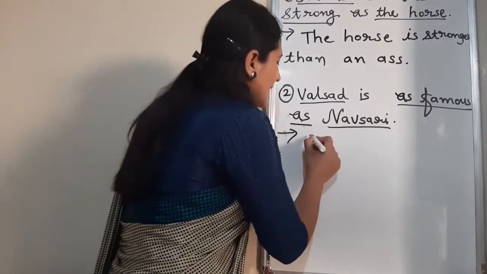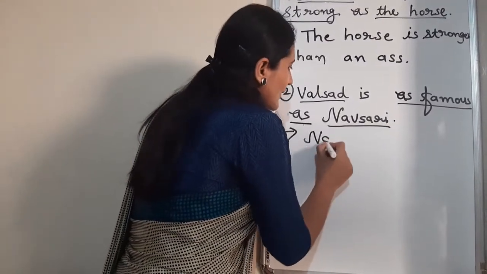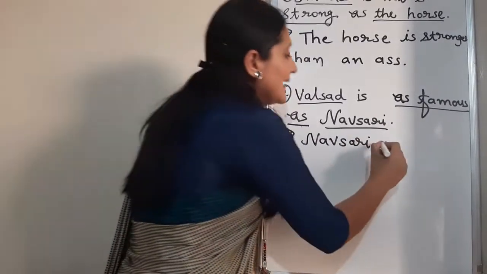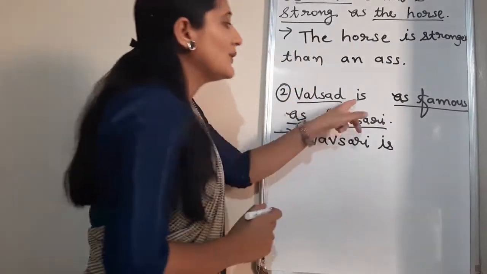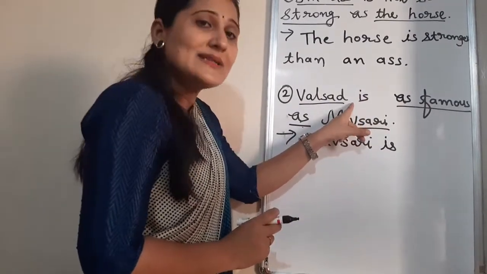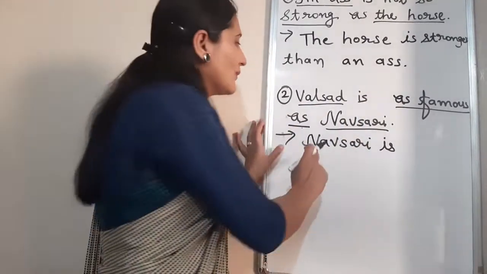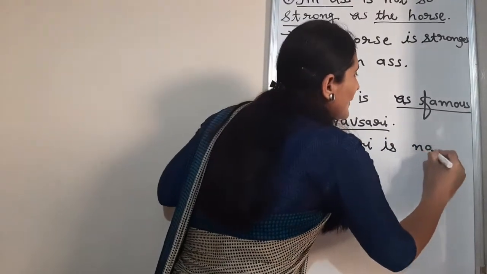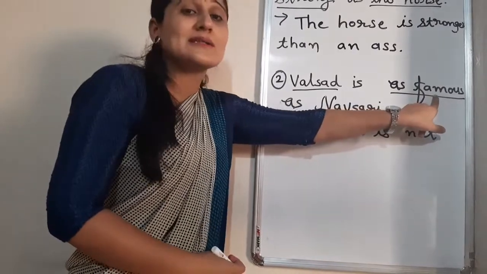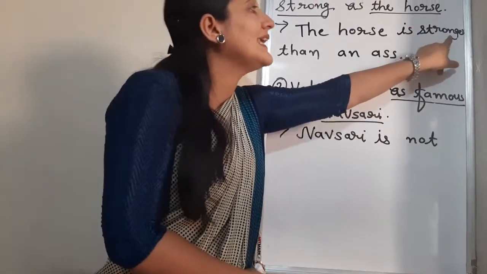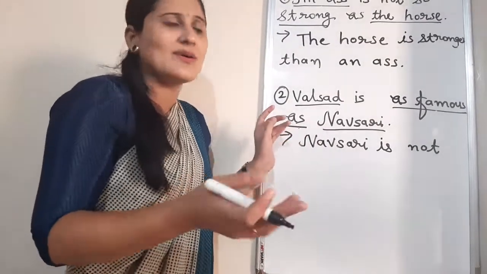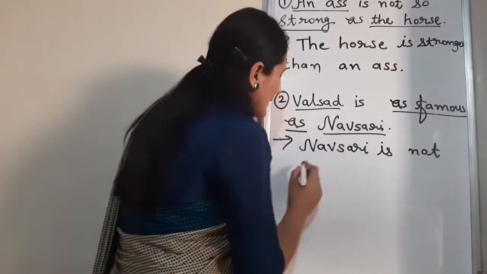Let's start with our answer. Navsari is, we will turn into negative because the question is positive, so the answer should be negative. Navsari is not. Now here see, famous. Here we have written er. Here you cannot write famouser, right? So here we need to write more.